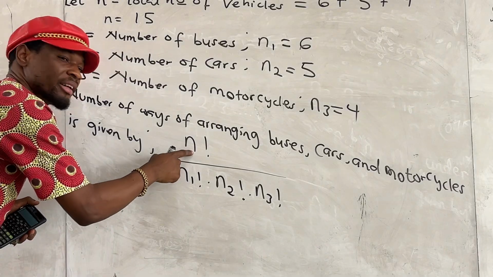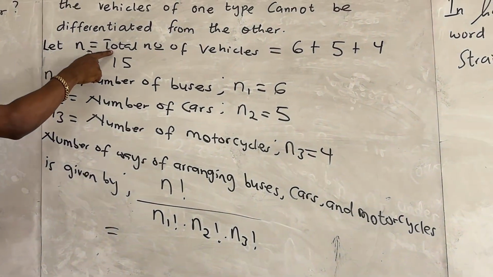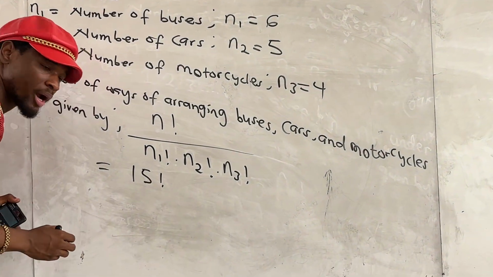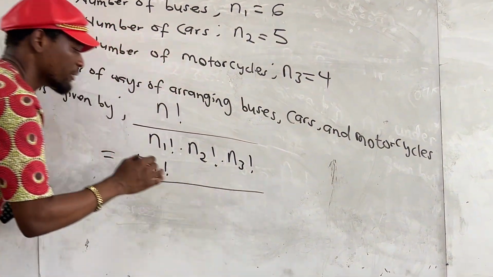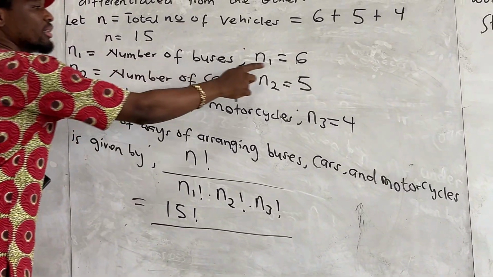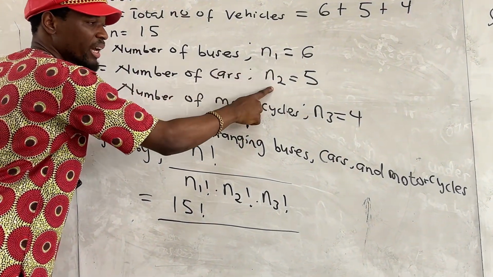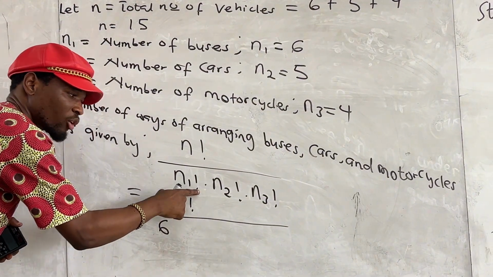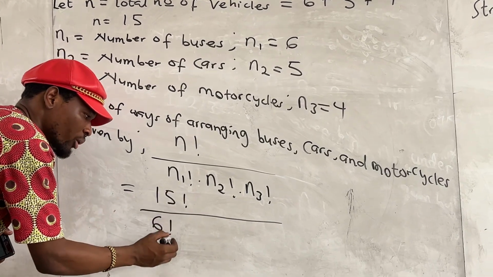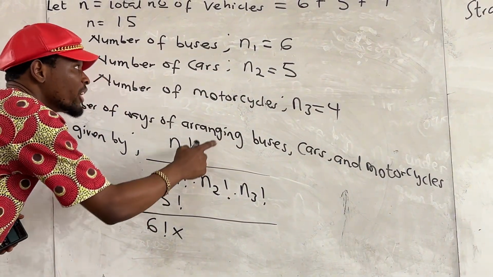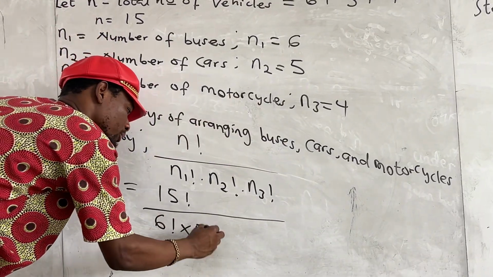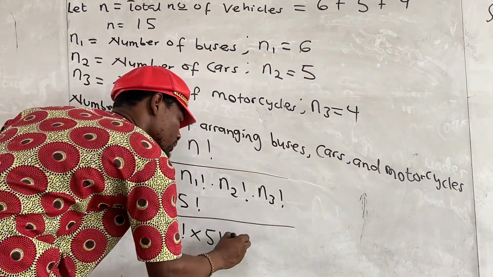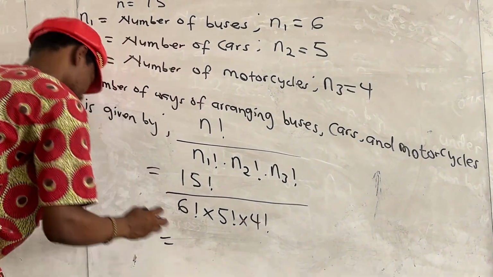Now, N represents the total number, which is equal to 15. So I have 15 factorial over N1 factorial, where N1 is 6, N2 is 5, and N3 is 4. So we have 6 factorial times 5 factorial times 4 factorial.